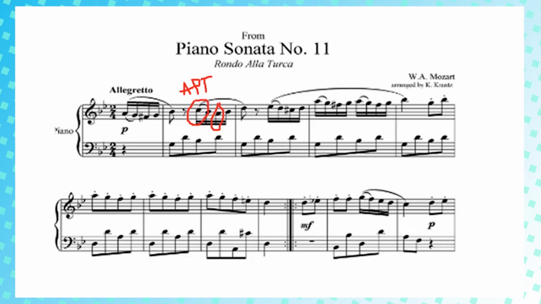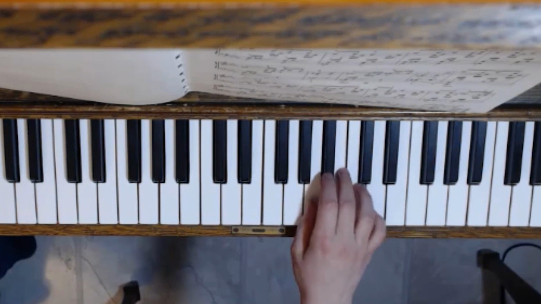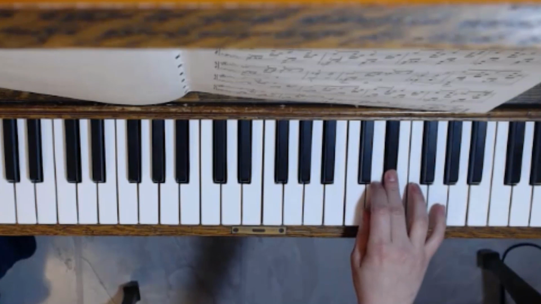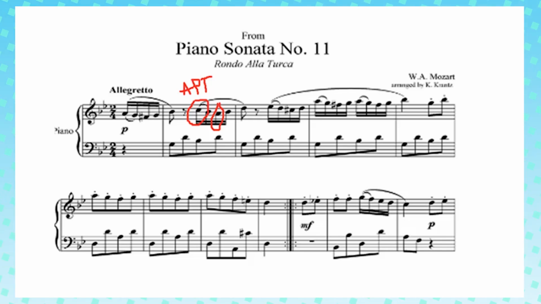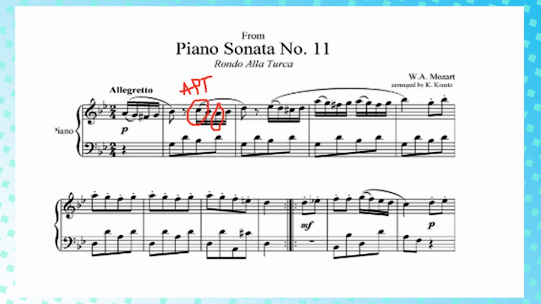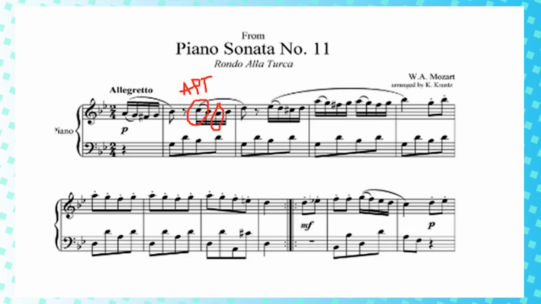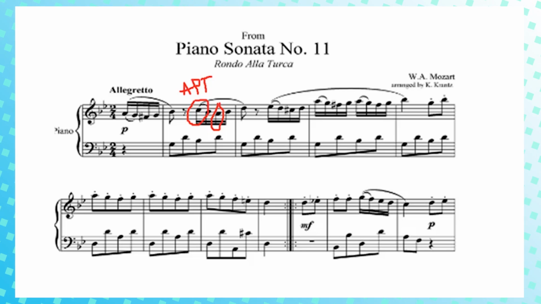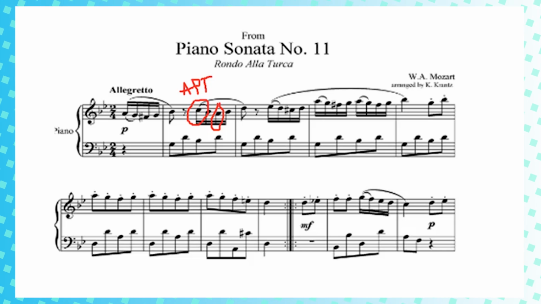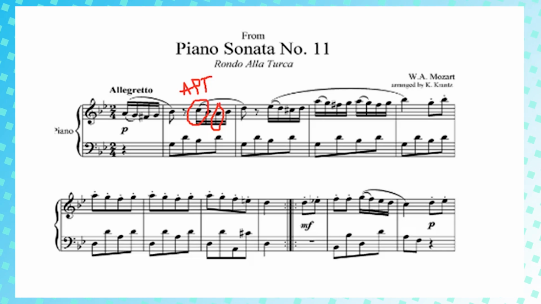This is Alla Turca. On the first beat and the second beat, the passing tone is the first note in the pair. Because of that, these are sometimes a little bit harder to pass off, but they sound really, really good.